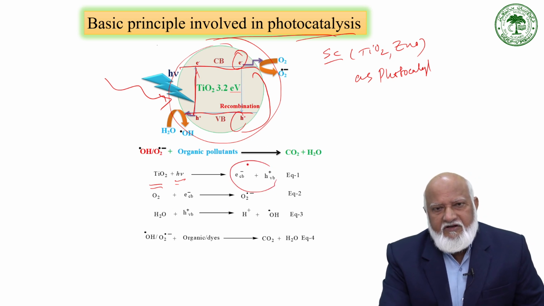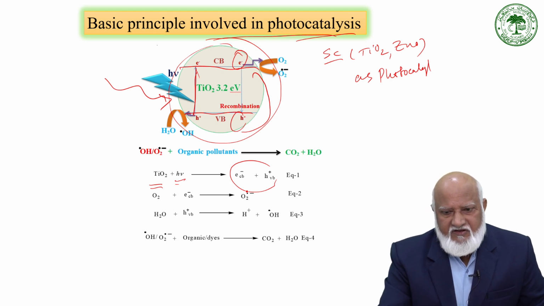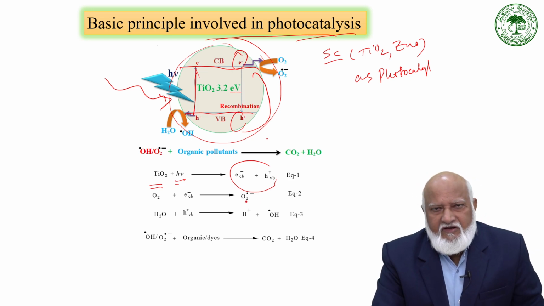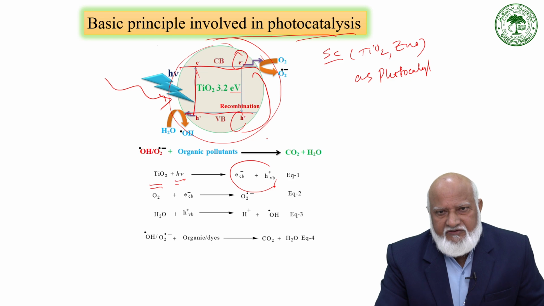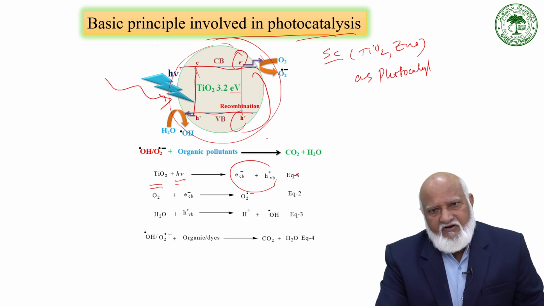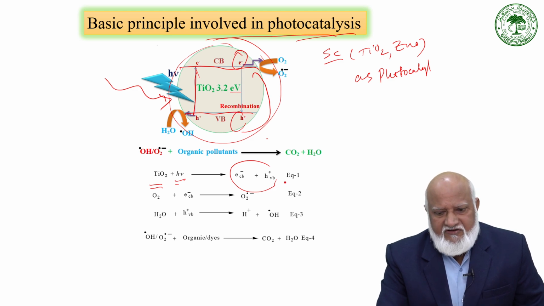In other words, it generates reduction and oxidation sites on the surface of the catalyst, and hence we can bring about redox reaction on the surface of the catalyst. So these reactions are surface reactions, heterogeneous reactions. The catalysts are not soluble in water, nor soluble in organic solvents, and hence the reaction takes place on the surface of the catalyst due to the generation of the electron hole pair.